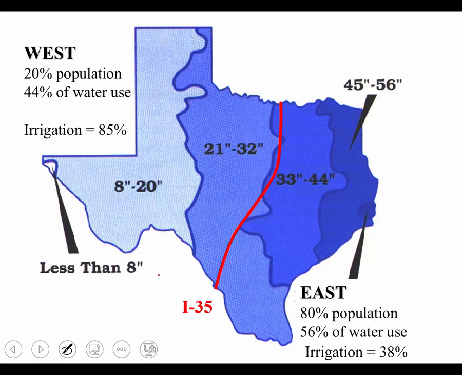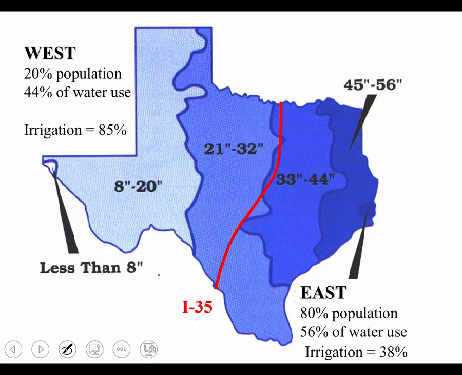Most of the population, 80% of Texas, lives east of I-35. About half, a little over half, of the water use is from there, and about a third of water used for irrigation. On the other hand, the 20% of the population here uses 45% of the water and 85% of the irrigation.